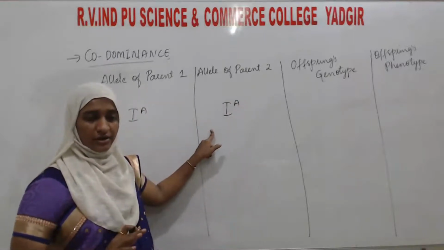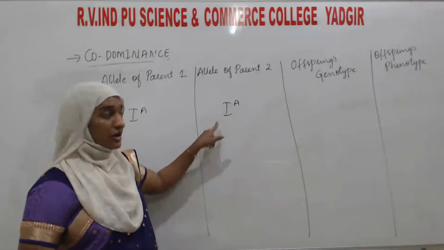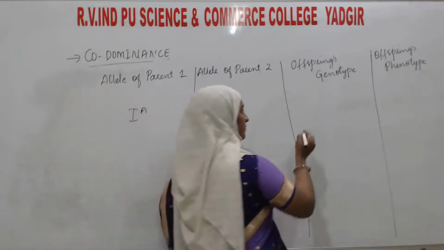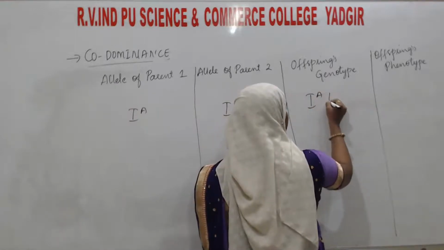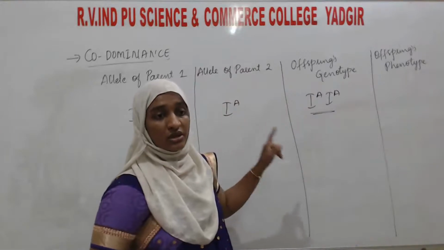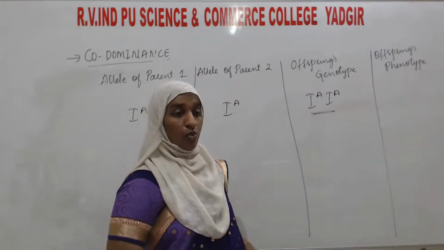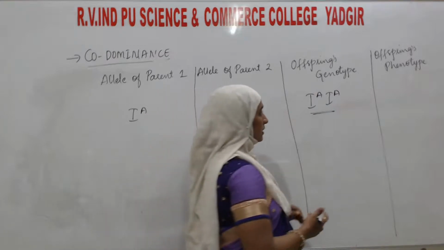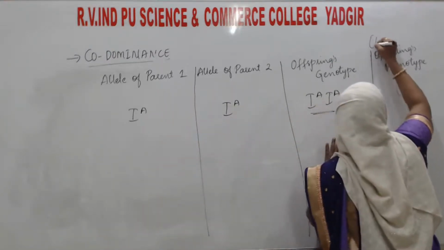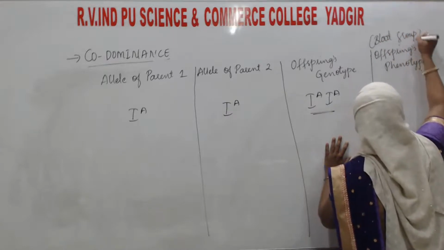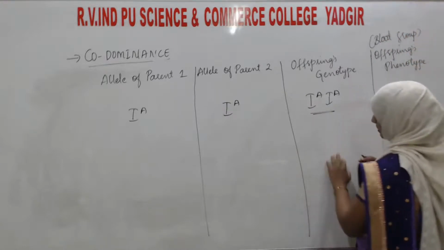They both will express in the offspring. What will be the genotype? Here it will be IA IA. This is the codominance. They both are going to express. What will be the phenotype? Phenotype means the blood group. Here, in bracket, I will write blood group. The blood group will be A.